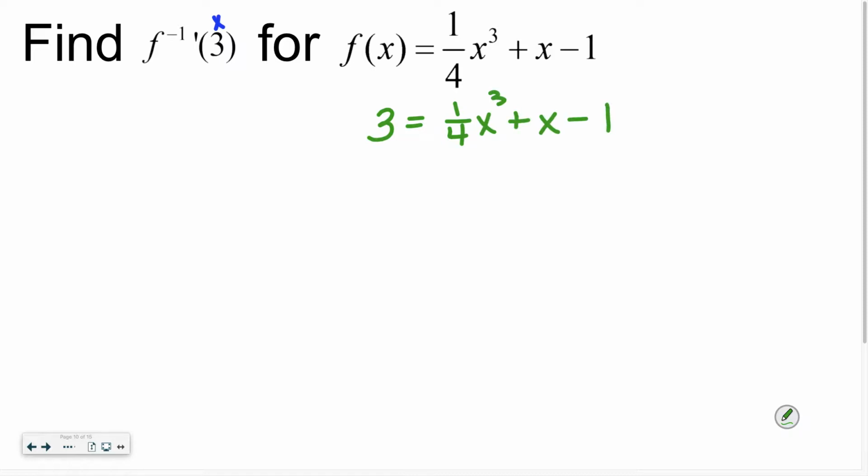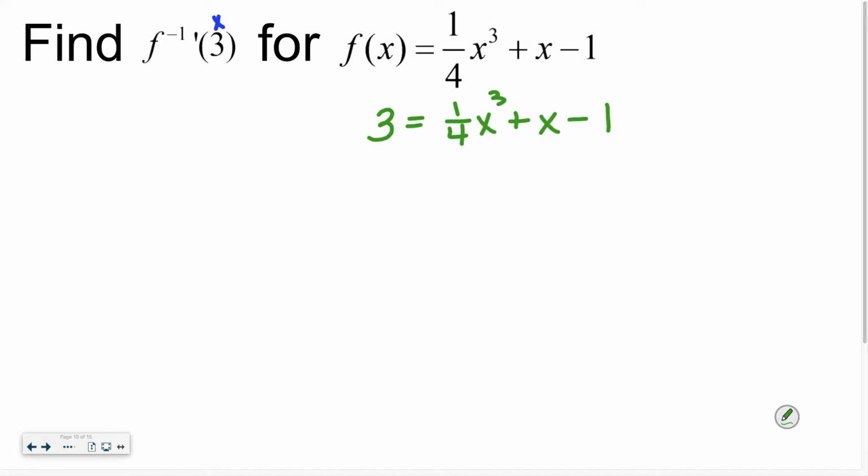Okay? And I know that this isn't an equation we really want to solve by factoring, so let's use a guess and check method. What number for x can I plug in and we get an output of 3? What number can we plug in for x where we get an output of 3? I'll give you a hint, it's not 1. Right. 2?